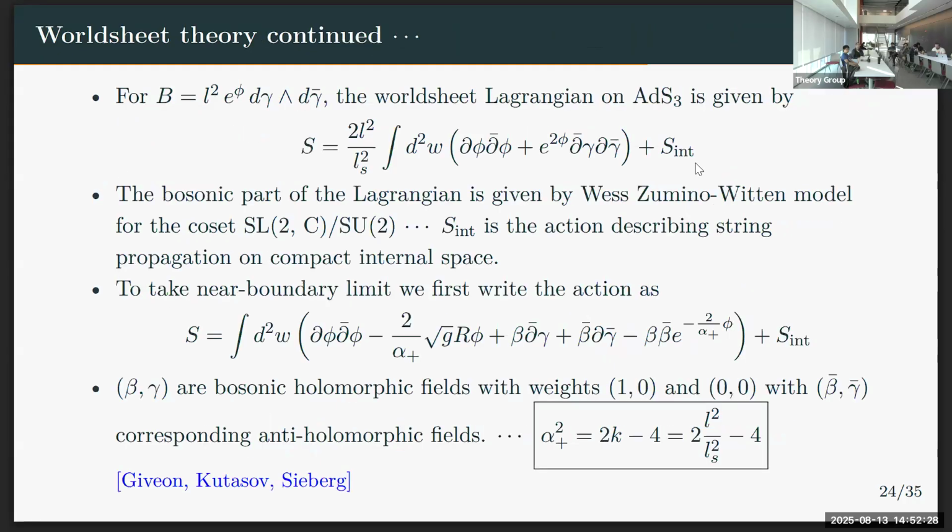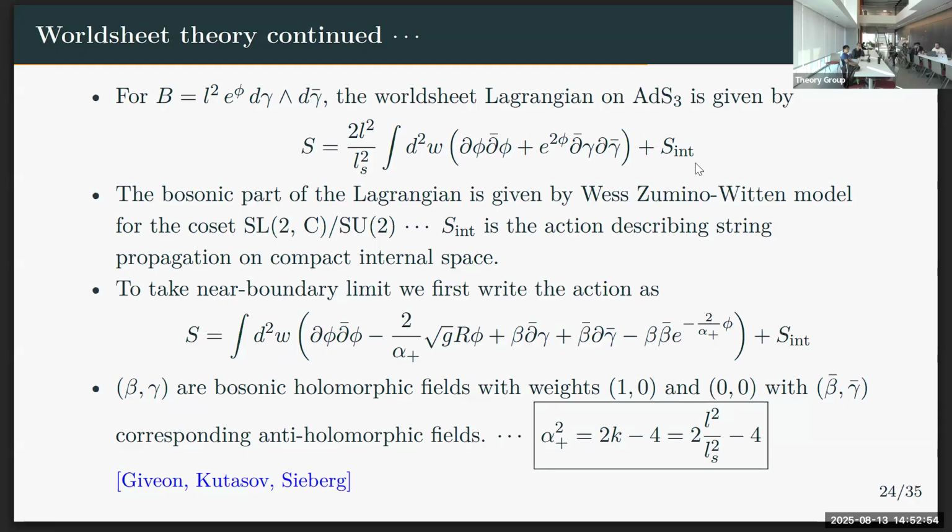Now for the form of B, which you can calculate from the equations of motion, L squared exponential phi, d gamma with d gamma bar, the Worldsheet Lagrangian on the AdS3 has this form. So you have del bar phi plus exponential 2 phi del bar gamma plus del gamma bar, and there's another action which corresponds to the internal dimensions.